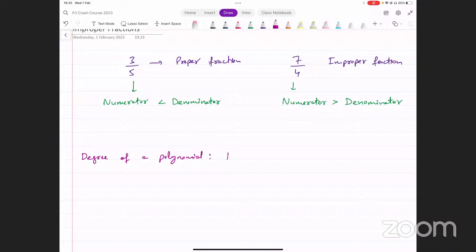Degree is basically the highest power of x, or whatever the variable is, in simplified form. So you might have a factorized form given, but degree would be the highest power that you get after you do all the multiplication and simplify everything.